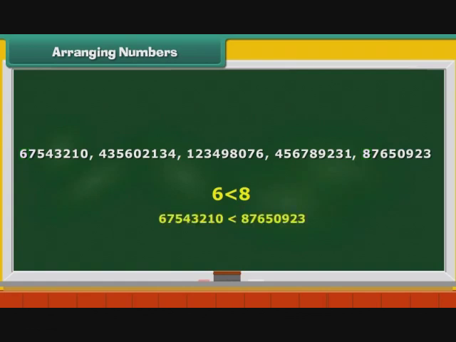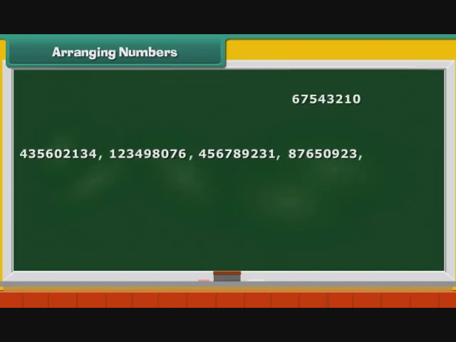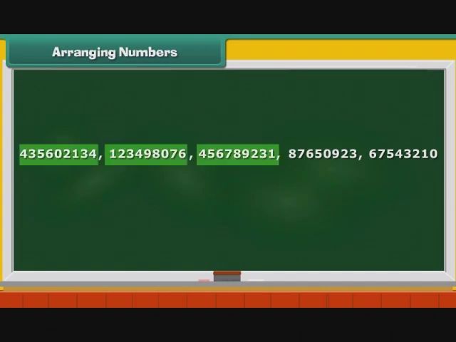Therefore, 67,543,210 is lesser than 87,650,923. Place 67,543,210 after 87,650,923. Now consider the three 9-digit numbers.